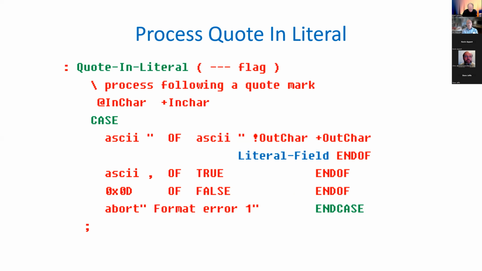And then we call literal field to continue the recursive process. If we get an ASCII comma, of course, we do the same as always. We exit true. We get an end of line, we exit false. And the final case is if none of these apply, we've got an error, and so we give a format error 1. Again, the error is in our input formatting.